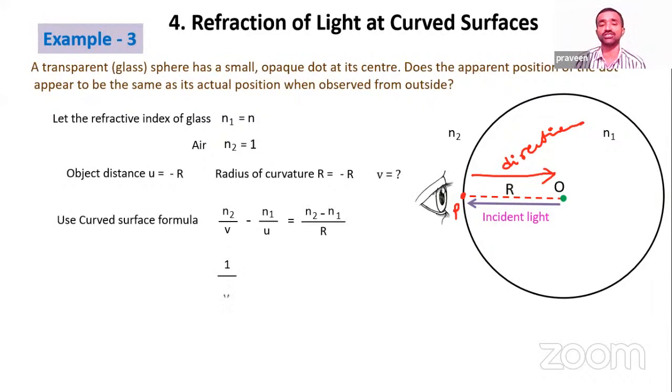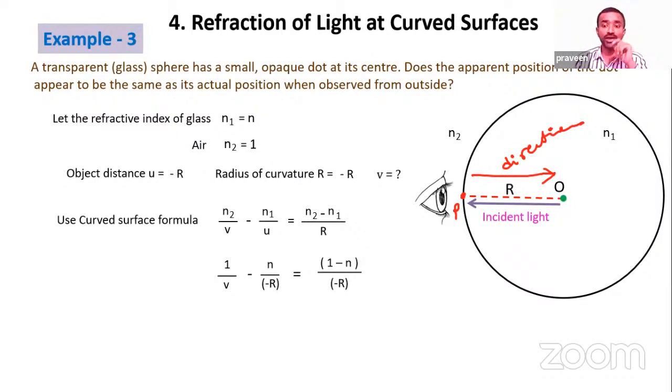So 1 by v, minus n by u, with u equal to minus r substituted, is equal to (1 minus n) by r, where r is minus r according to sign convention.